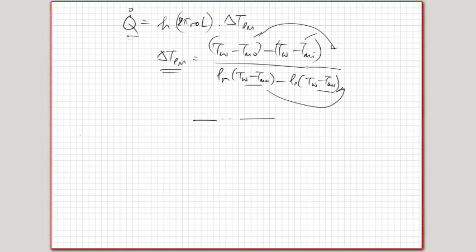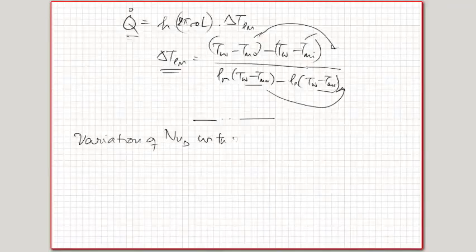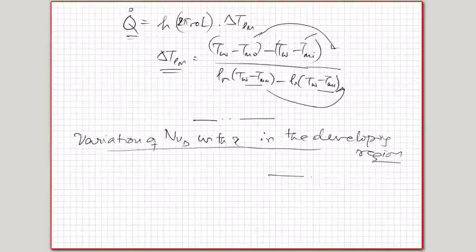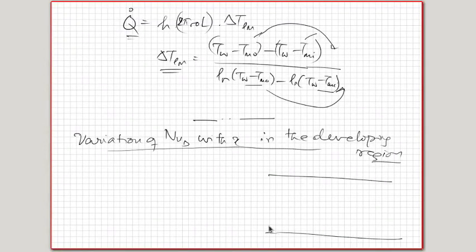The second one is variation of Nu D with x in the developing region. So if I look at the pipe, for a moment let me assume that the velocity profile is already developed.